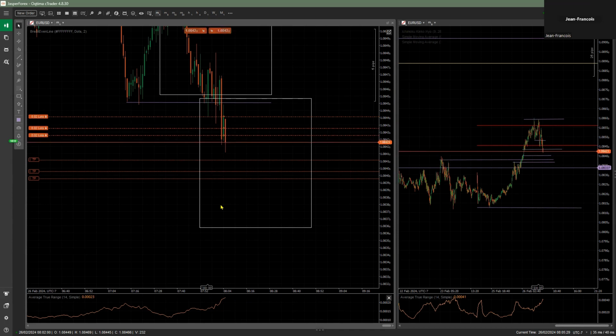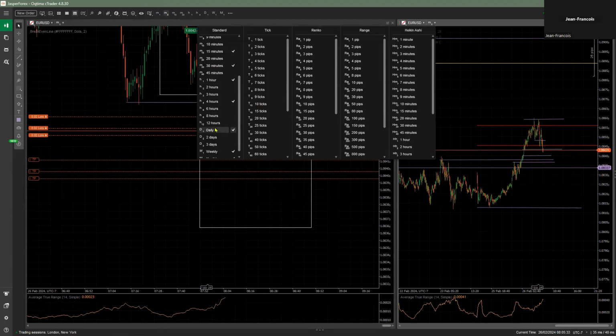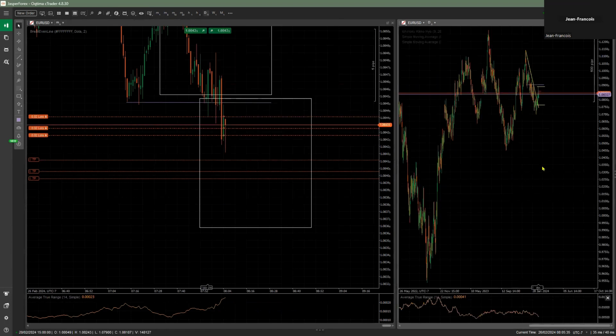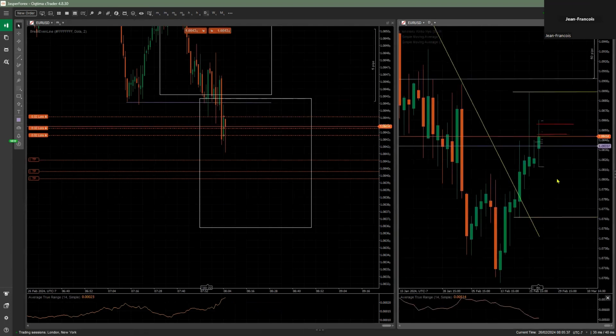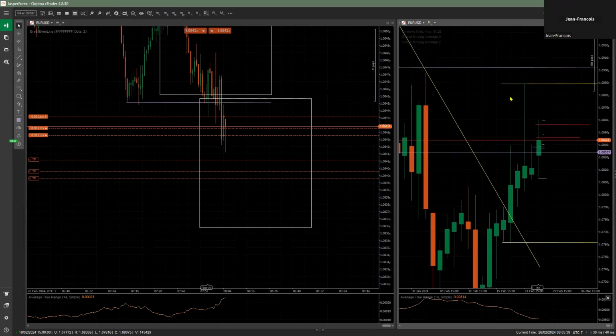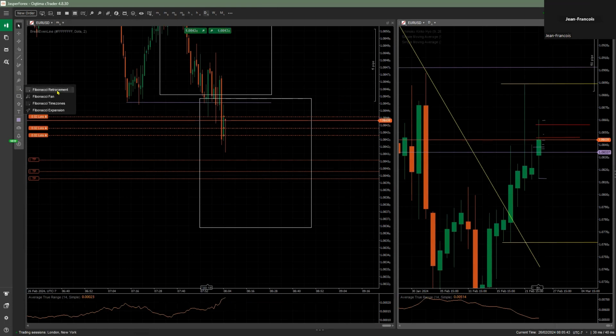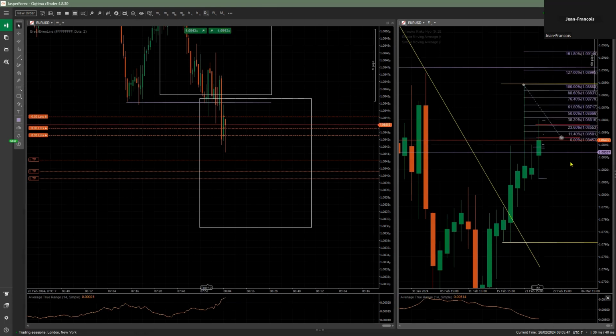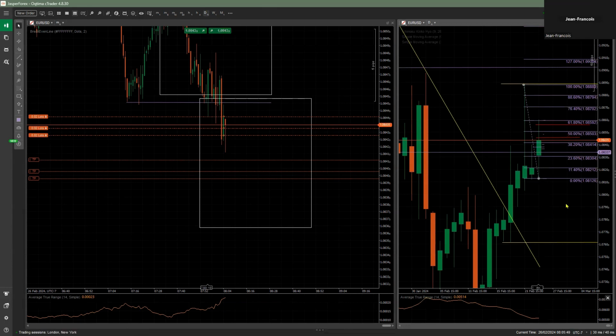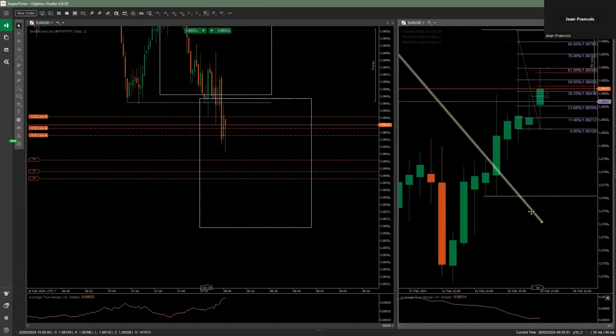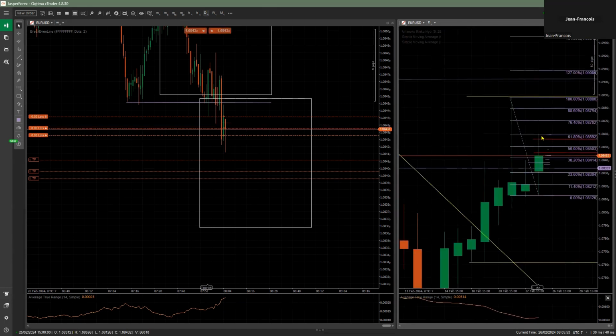Ultimately, we're looking for a move lower. You know, if I go to the daily and we measure what's taking place, this current range that we are within, just today we made it to 61% of last Friday.